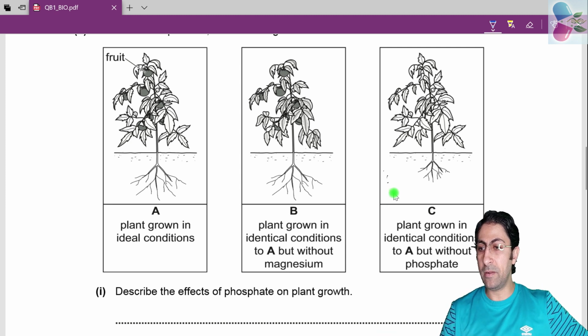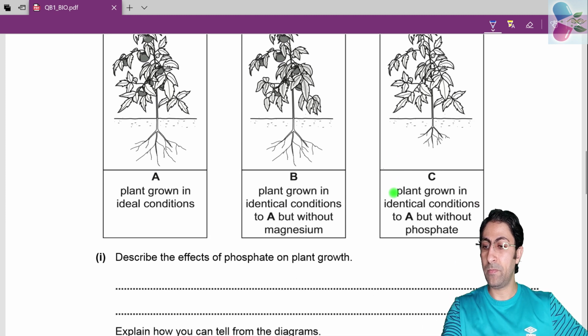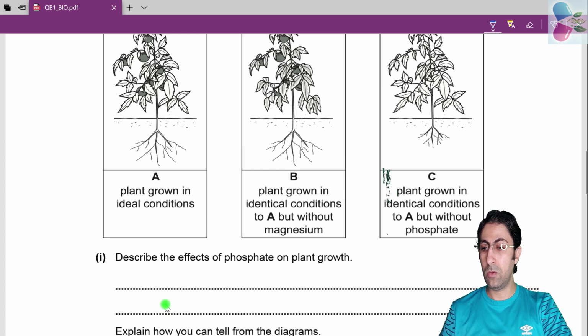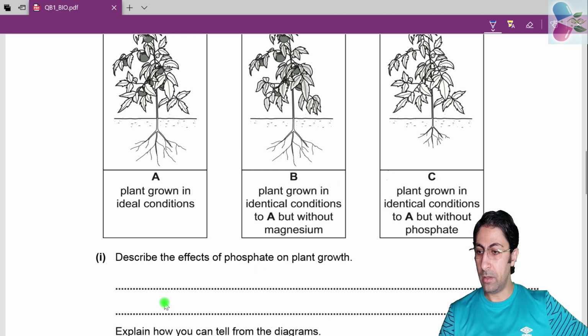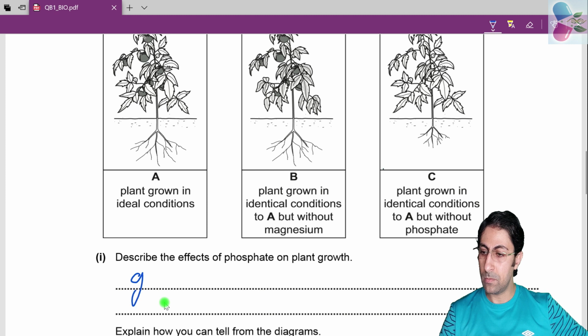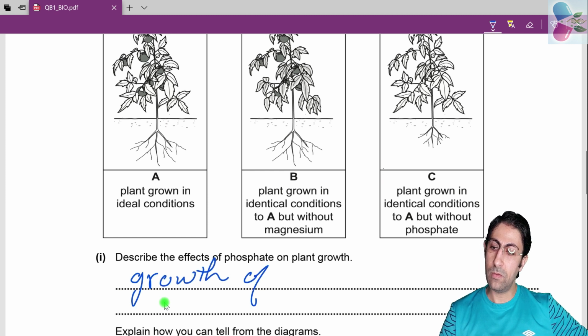So we can say it has a role in the growth of the root.